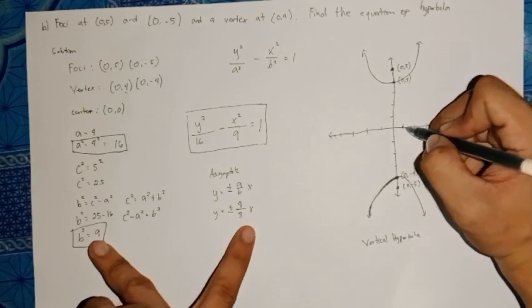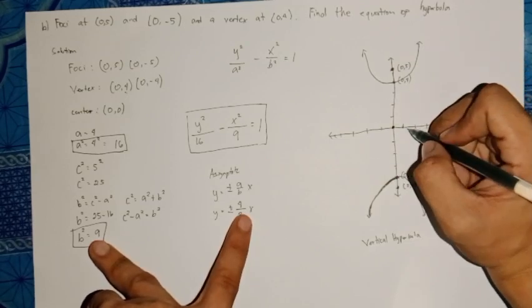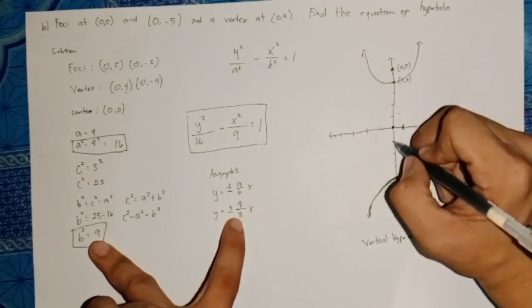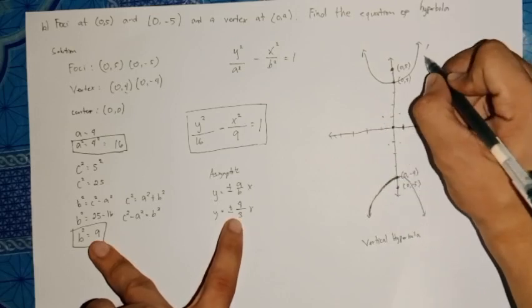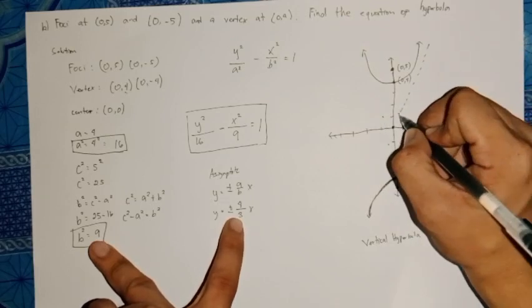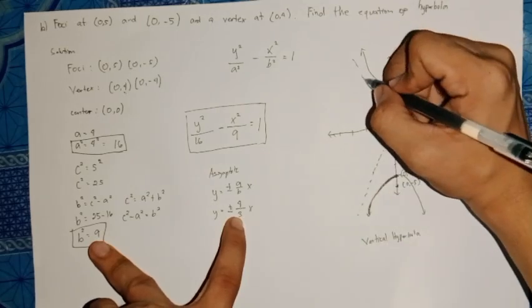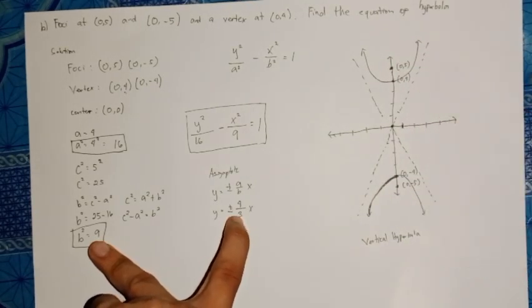Since it is centered at the origin, the asymptote looks like this. Same way on the other side. So the graph looks like this.